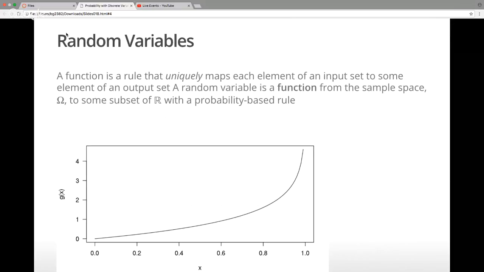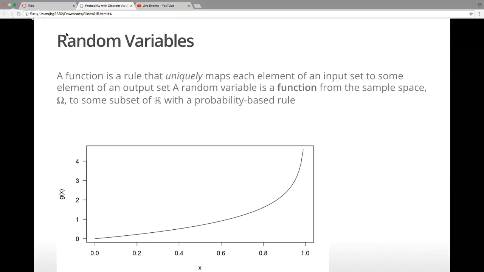Second thing to sort of get our heads around is the definition of a random variable and a function. So a function is more general than a random variable. It's some rule that constitutes a unique mapping between each element of an input set and some element of an output set.